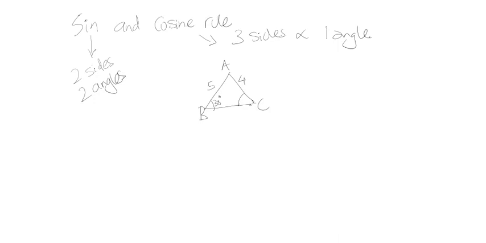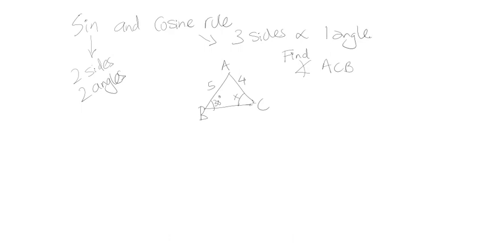So we have two sides given to us, one angle is given, and let's say the question is: find angle ACB. You can call it x if you wish. We need to find this angle, we have another angle given and two sides given. So in this case we use the sine rule because we have two sides and two angles.